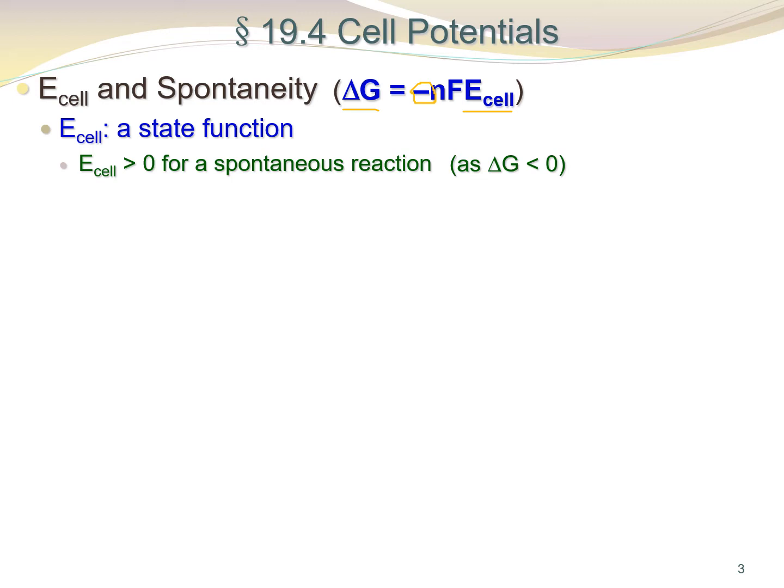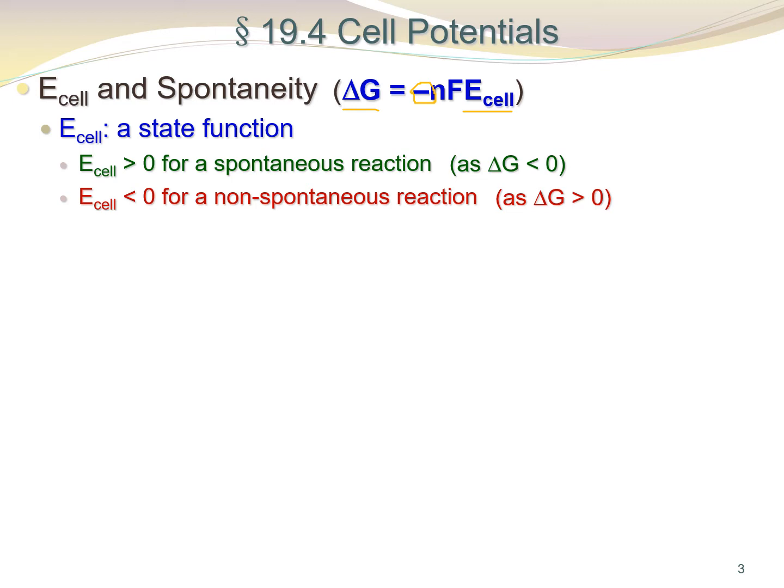So we realize that the potential of the cell has the opposite sign from delta G in order for us to predict the spontaneous process. If the potential of cell is less than 0, that means we are talking about a non-spontaneous process.